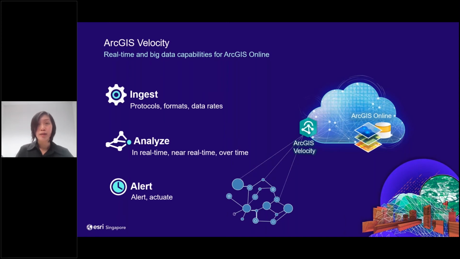In this way, giving the possibility of not just visualizing real-time data, but also to alert based on conditions analyzed in real time. And all of these capabilities are delivered as a software as a service.